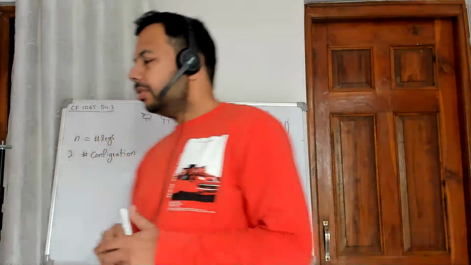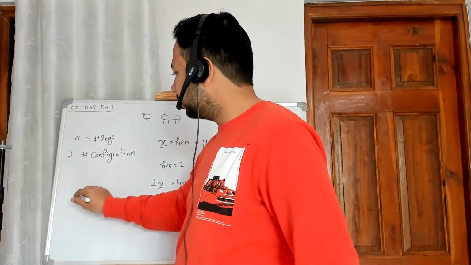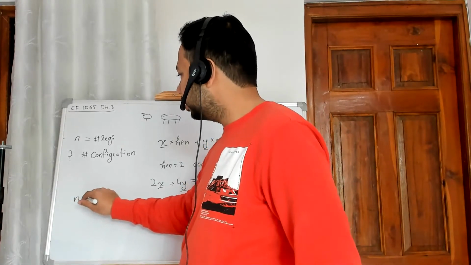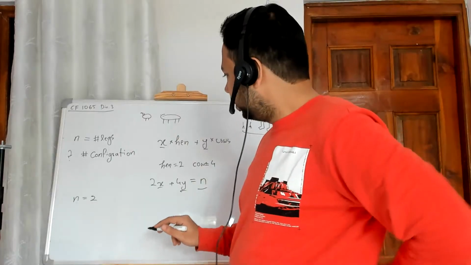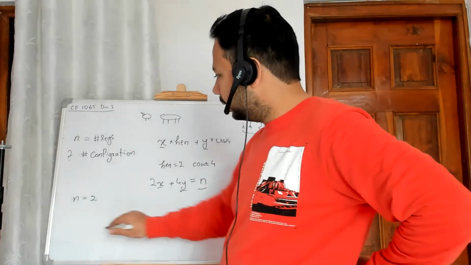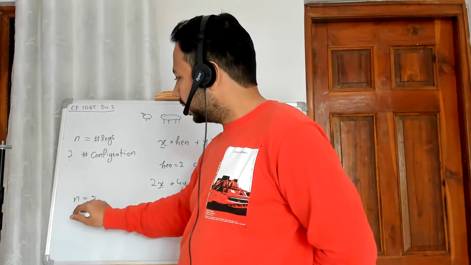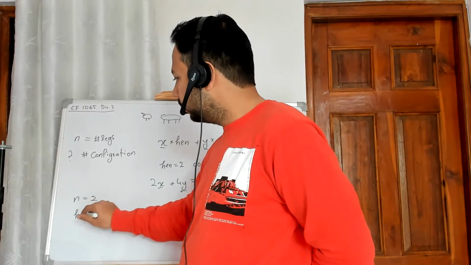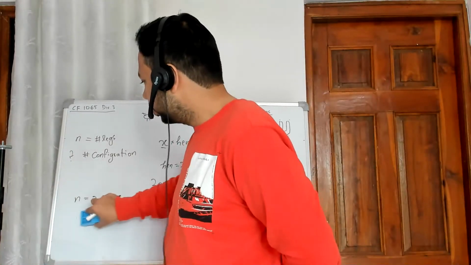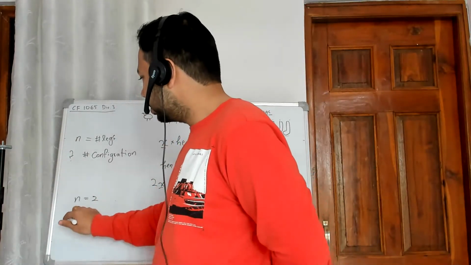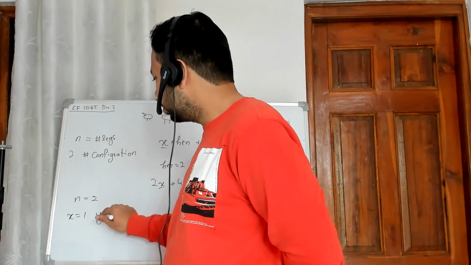An example would be good. Let's say the first example is n is equal to 2. If n is equal to 2, then the only combination is one hen. So the number of hens is x equal to 1, and y is equal to 0.